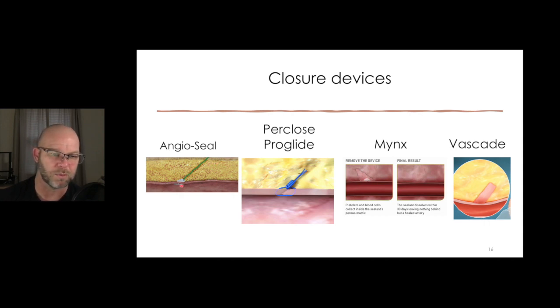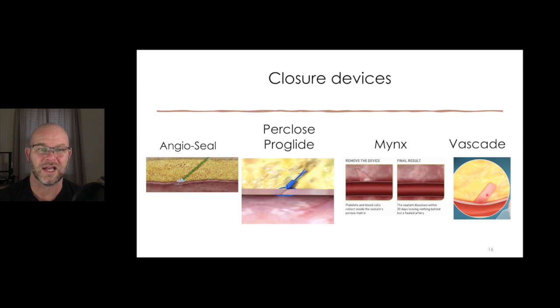The body will absorb over the next few months. Perclose is actually a suture-mediated closure. The MynxGrip is extravascular. It'll leave a collagen plug, and then Vascade has an indication for artery and venous with different devices, and that'll leave an extravascular plug as well.